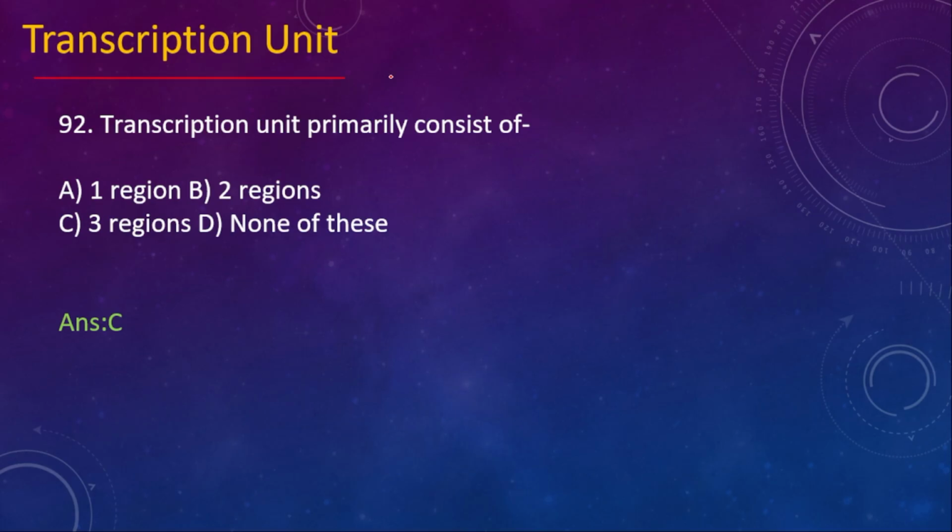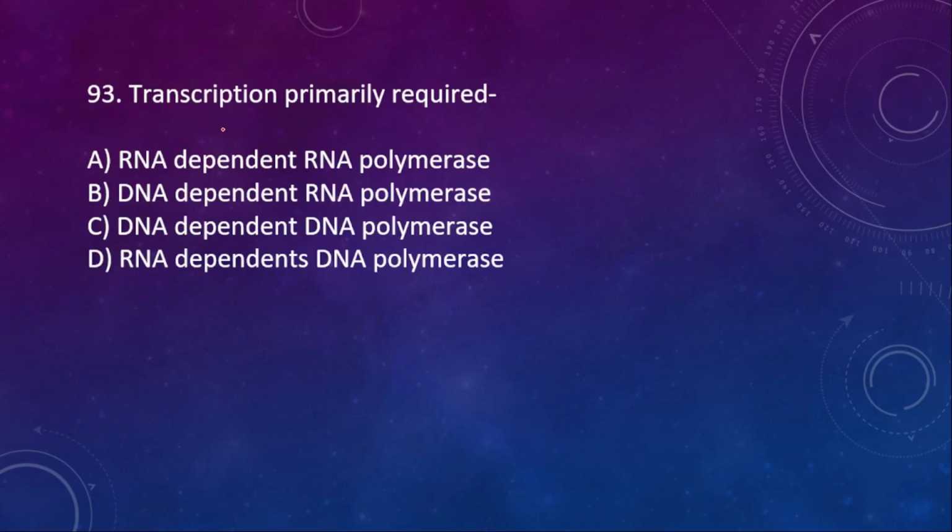Next, transcription unit. 92. Transcription unit primarily consists of one region, two regions, three regions, and none of this. Here the right option is three regions. 93. Transcription primarily requires A, RNA dependent RNA polymerase, B, DNA dependent RNA polymerase, C, DNA dependent DNA pol, D, RNA dependent DNA pol.